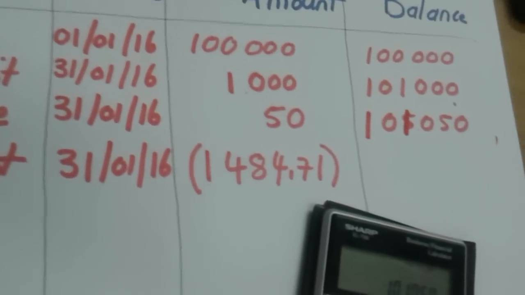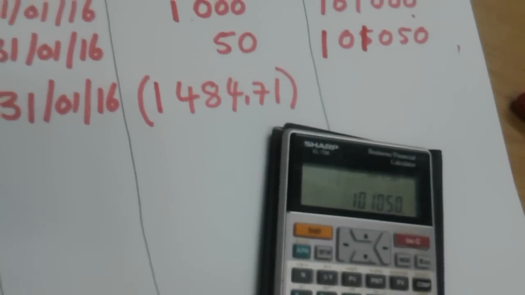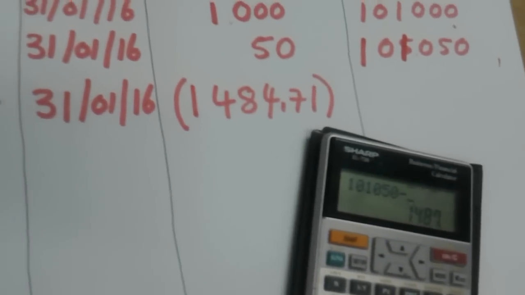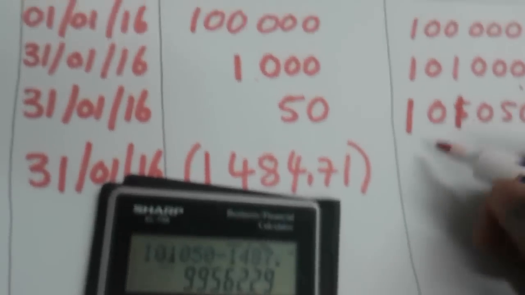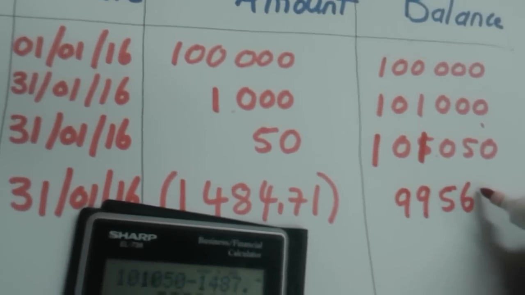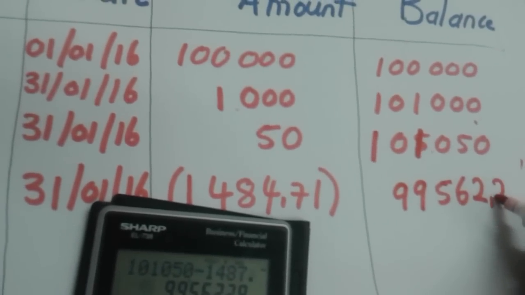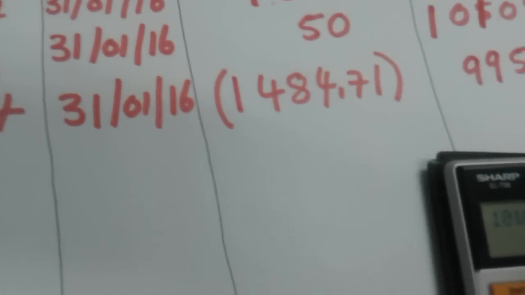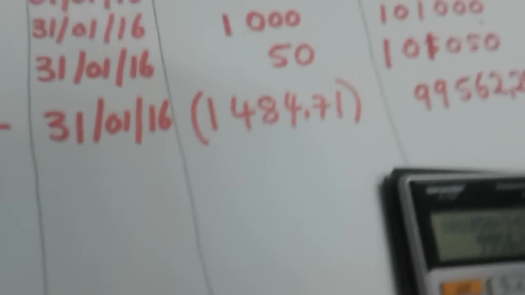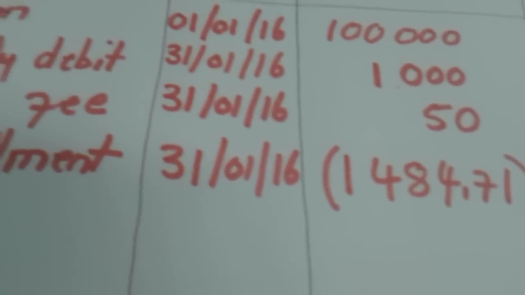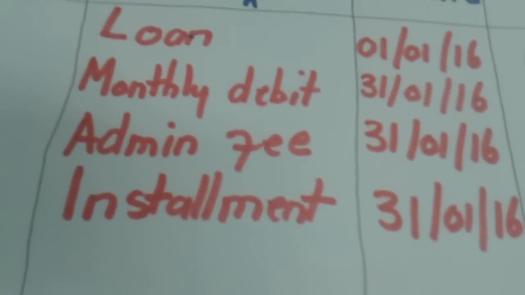Okay, and then we subtract the payment of 1,484.71, and that gives you 99,562.29. So this is the balance at the end. Now, next month, again, it's going to be the same thing.